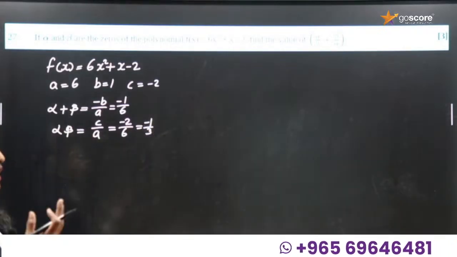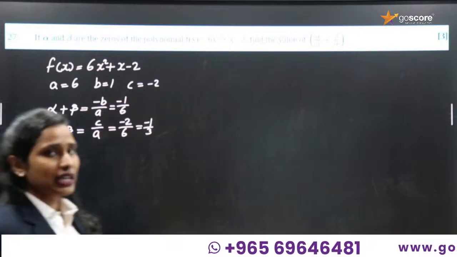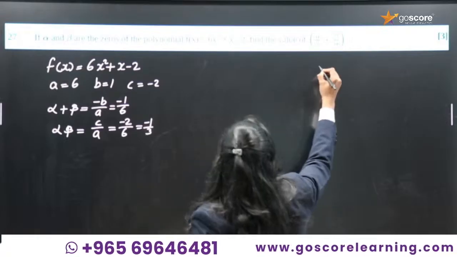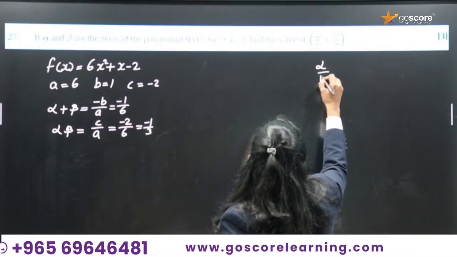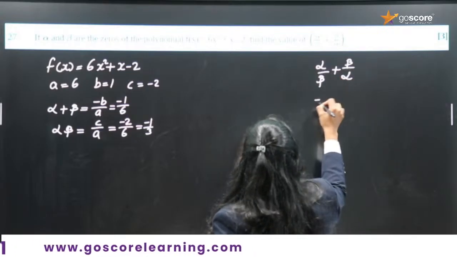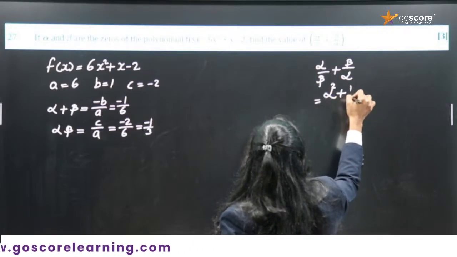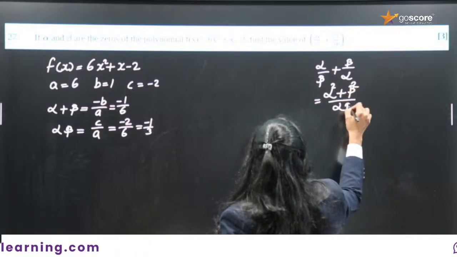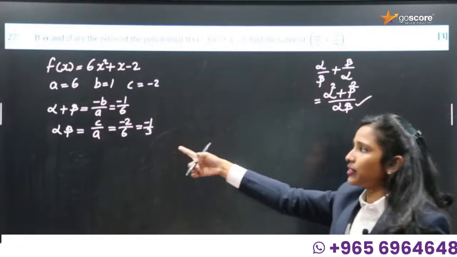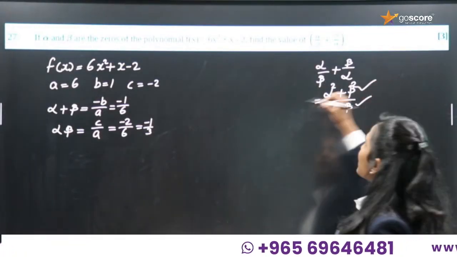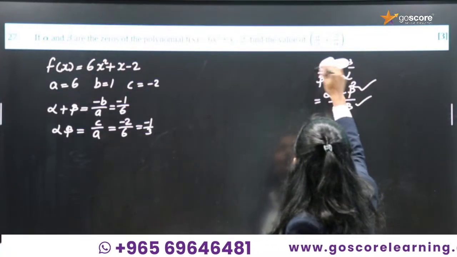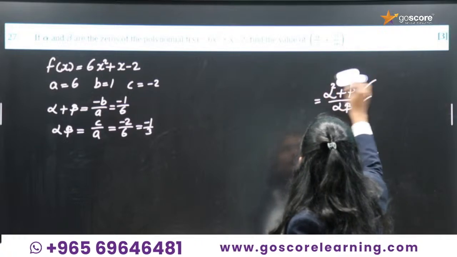Now we are having alpha plus beta and alpha beta, but we need to find alpha by beta plus beta by alpha. So we will simplify it first. Alpha by beta plus beta by alpha, on cross multiplication, you will get alpha square plus beta square divided by alpha beta. So you need alpha beta, that we already have, and alpha square plus beta square, that we need. For that we will go for the identities.